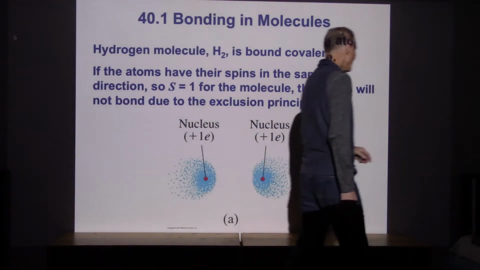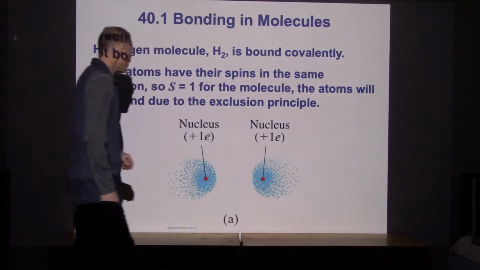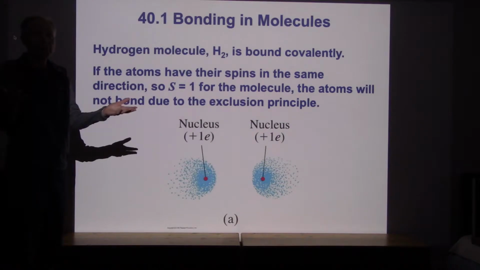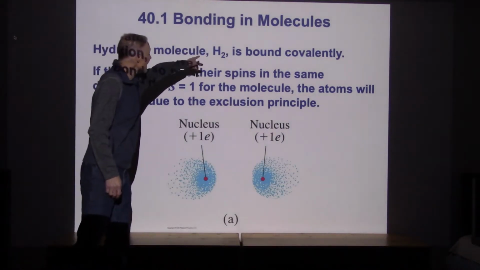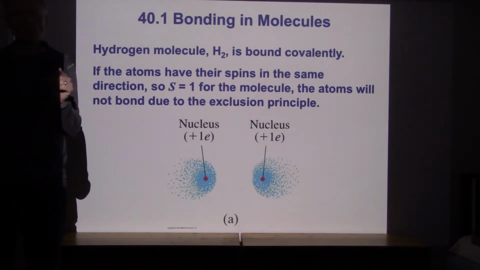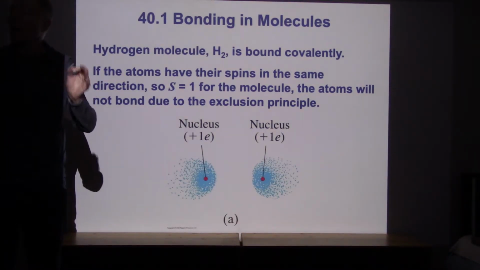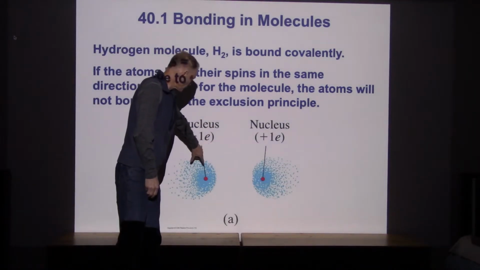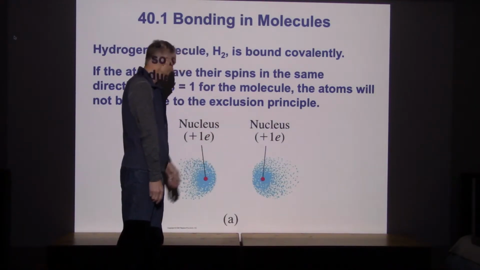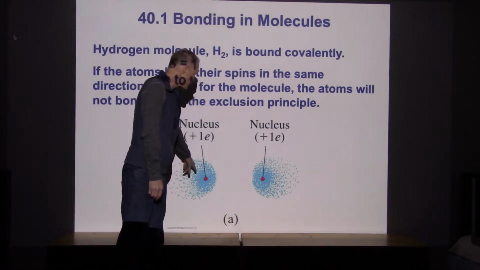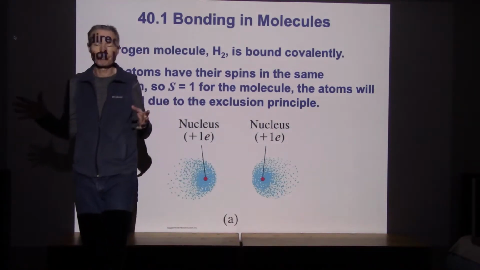So it's saying here in a hydrogen molecule, a hydrogen molecule would consist of two hydrogens. So the formula is H2. What that means is that we've got two protons, two nuclei, and two electrons. Those protons are designated here as being red, the nucleus, and then the electron is represented as some kind of distribution.